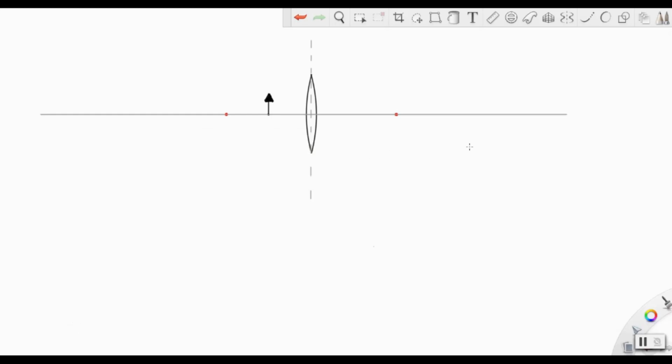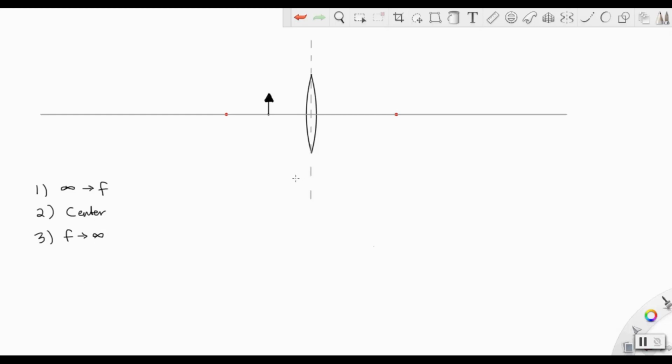Now we can go about our process of ray tracing again. Let's remember what our 3 principal rays are. We have parallel to focal, and by parallel, sometimes I'll refer to this as infinite to focal, and the reason is because it comes in infinitely far away, it remains parallel the entire time. So parallel to focal, and then center ray, and then focal to parallel.